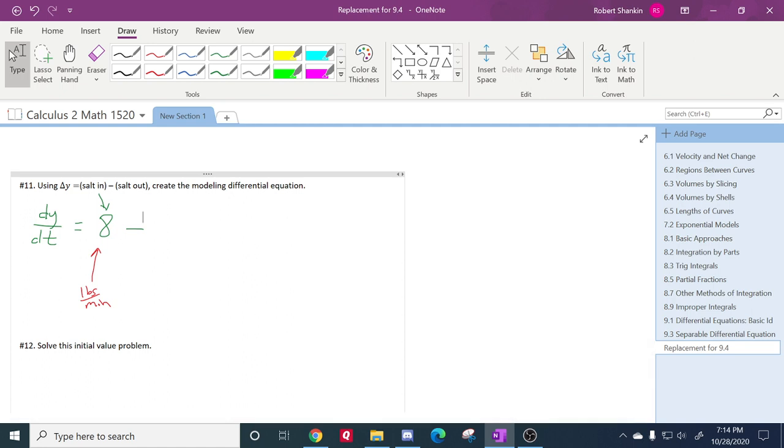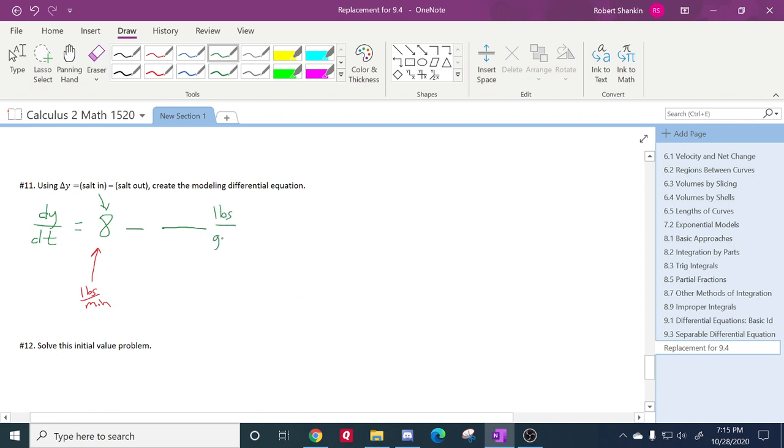Now, what it's going to be, though, is a fraction with units. I'm going to put a fraction bar, and I'm going to put this whole thing, pounds per gallon, times another fraction, gallons per minute.